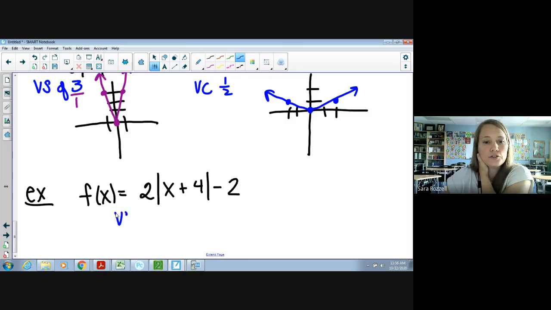It's going to be a vertical stretch of 2, which will be our new slope when we actually draw the second set of points. Which way are we moving? Because it's on the inside, left 4. Remember, plus means left. And on the outside, is this up or down? And down 2.